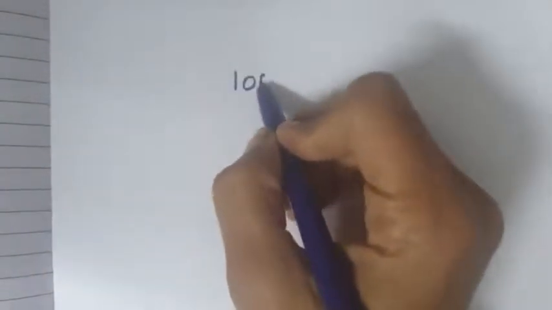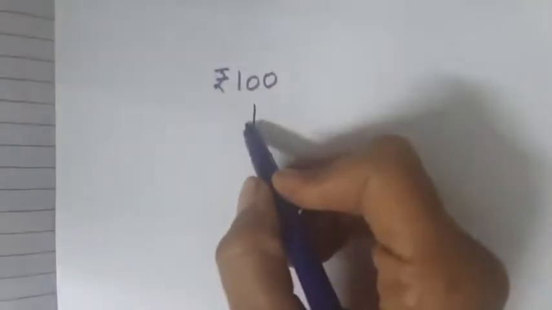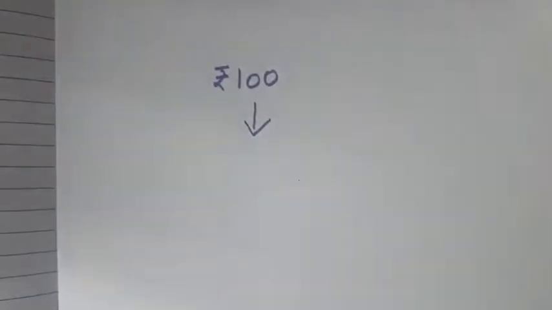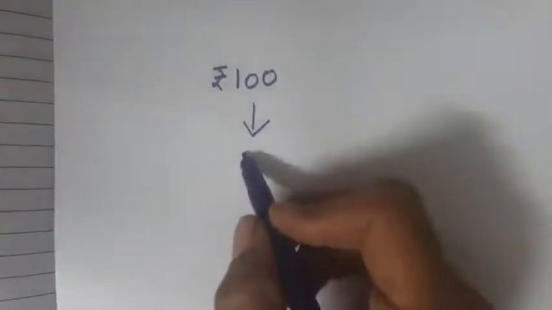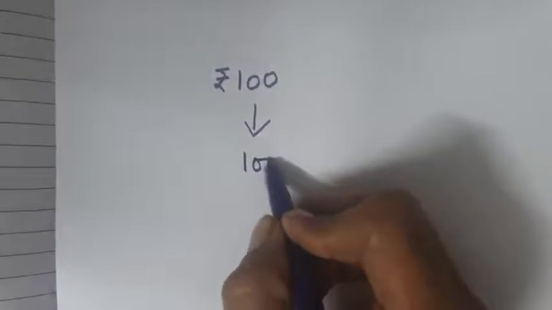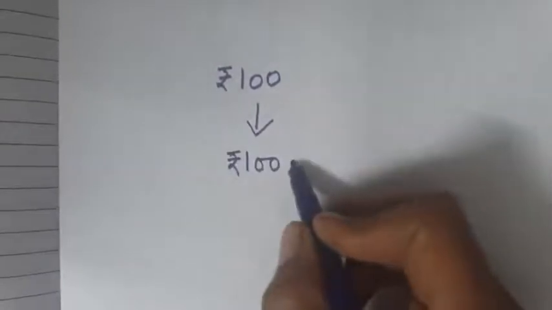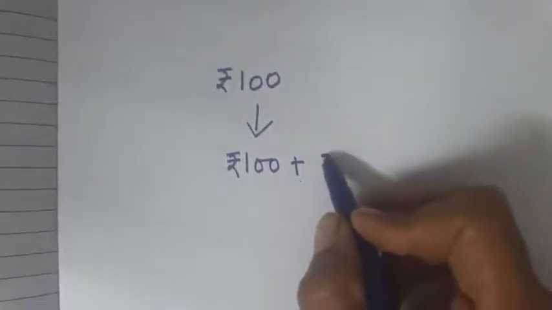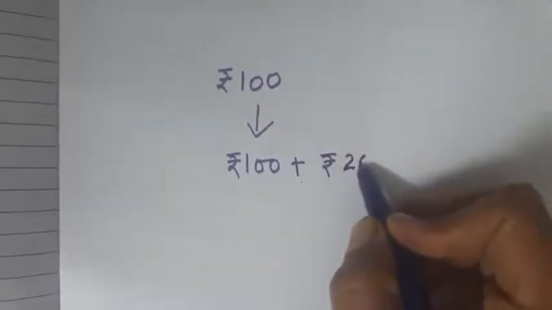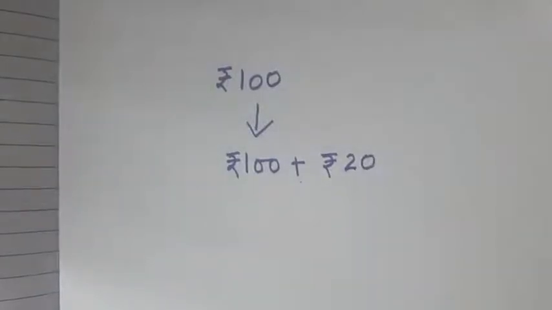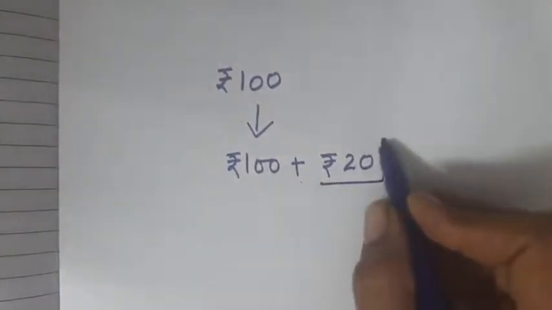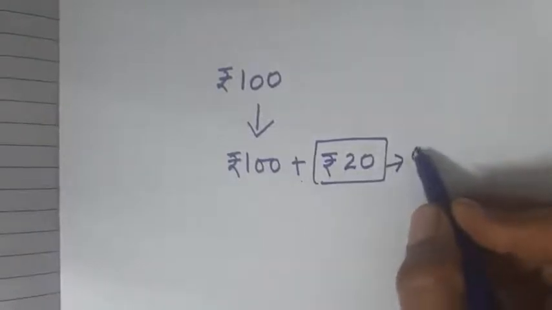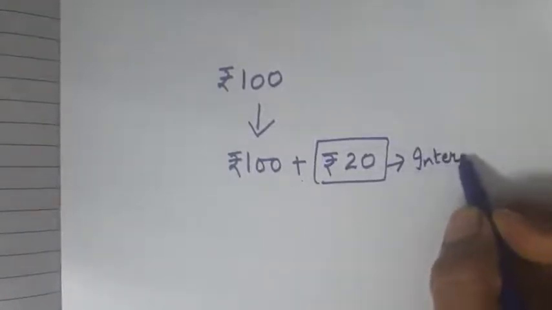Suppose you have borrowed 100 rupees from your friend. After some time, you are returning this money. Now, you will give him 100 rupees plus, suppose, extra money you are giving, that is 20 rupees. So, this extra money will be called interest.